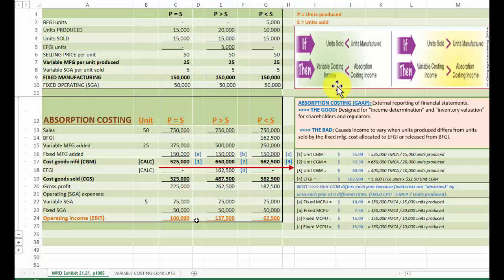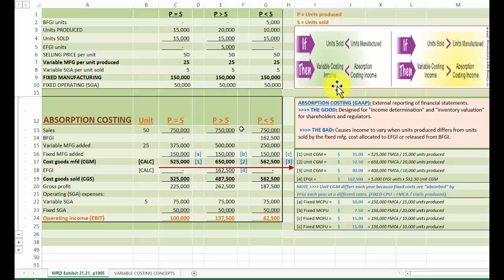So far, so good. Now, let's take a look at the second year where the number of units produced exceeded the number of units sold. In the second year, the sales would still be 15,000 units times $50 a unit, or $750,000.